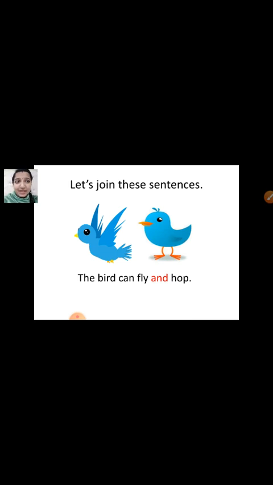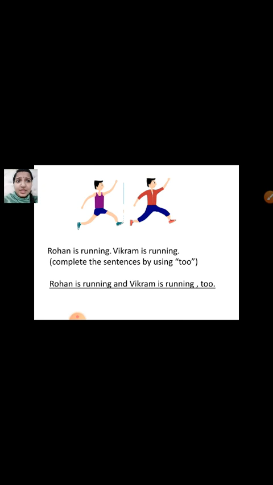Okay, students? Now, there is one more method to use. This is another method of using "too". Remember chapter number 5? Teacher taught you how to connect these sentences by using "too". Let's see a small revision. Rohan is running.